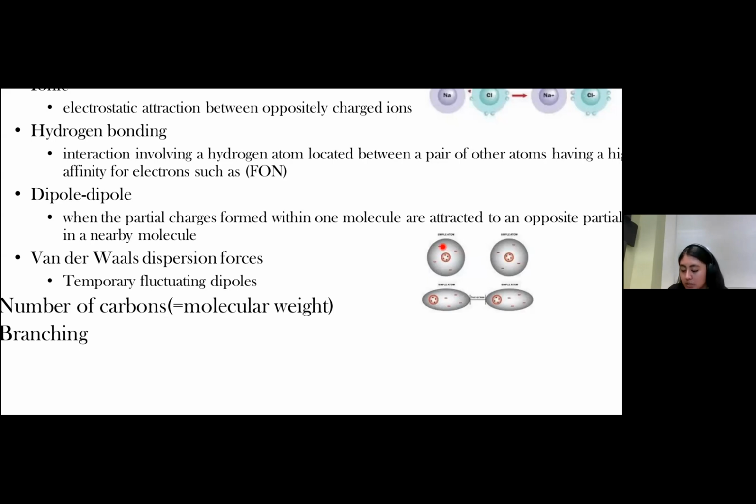Sometimes those charges fluctuate to one side, so there is a temporary dipole where this side is partially negative and this side is partially positive. I know my partial sign is horrible, but that's what it means. And these interactions right here are van der Waals dispersion forces. It's just when there are temporary fluctuating dipoles.